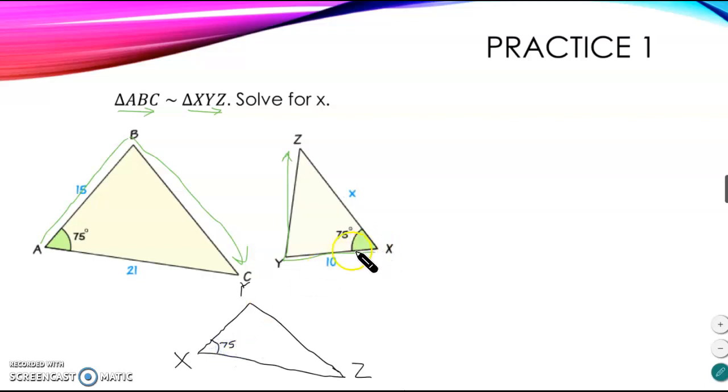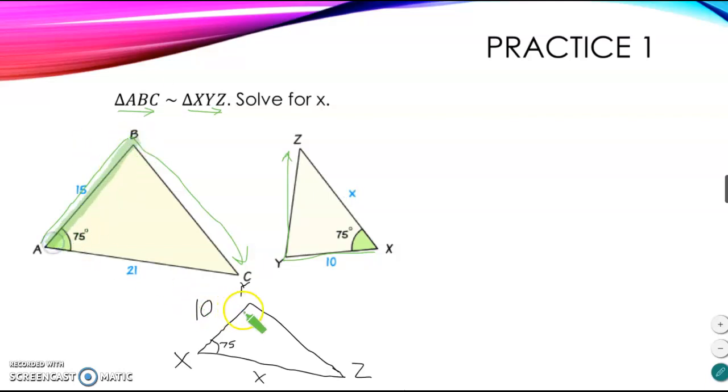And then it says that XY is 10, so 10 is going to go right here, and XZ is this other variable x down here. And this is the variable that we need to solve for, x. And so it might be a little more clear now what sides are corresponding.